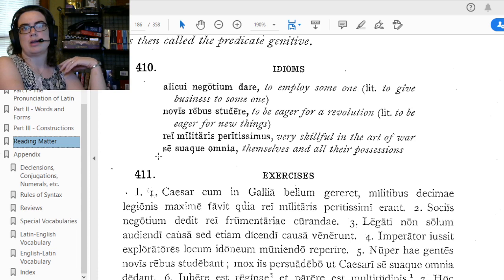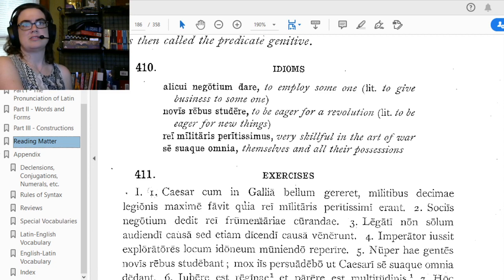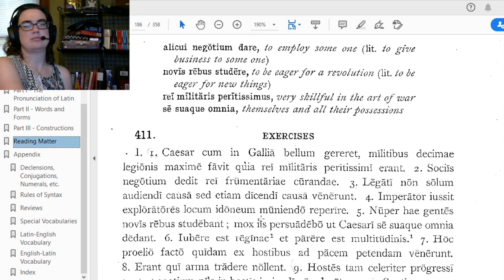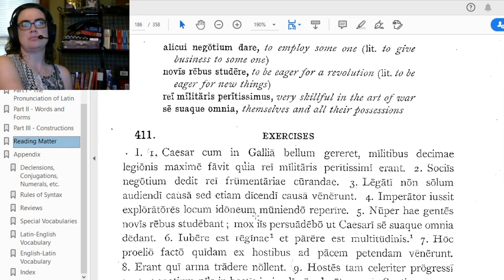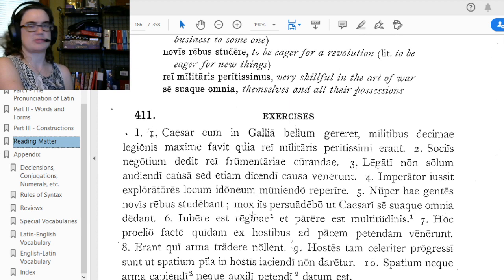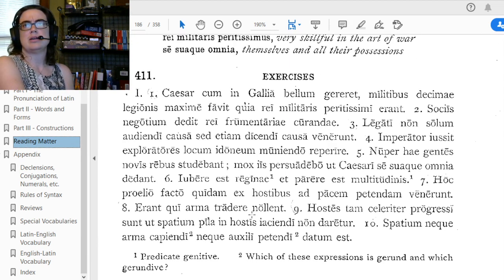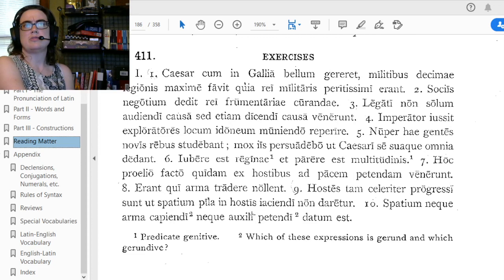Re militari peritissimus, the very skillful in the art of war. Se sua quae omnia, himself and all his stuff. I don't even know if that's an idiom or just how you translate it. But okay, I guess an idiom is how you translate it. All right, anything else we've got here?